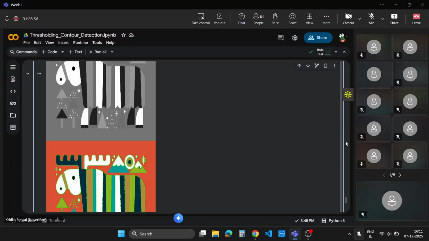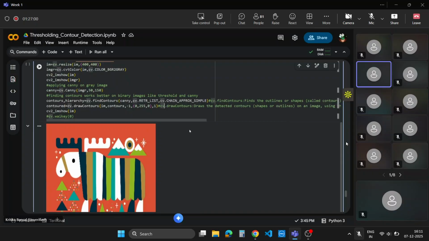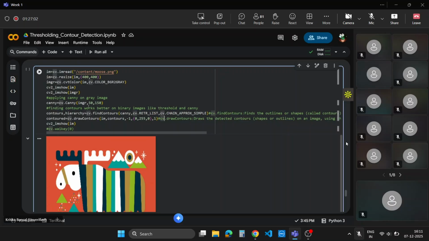Yes, for processing you have used grayscale only. See, this grayscale image is image R. Then you have used image R for first edge detection, and then this edge detection image you have used here in the contour detection part.